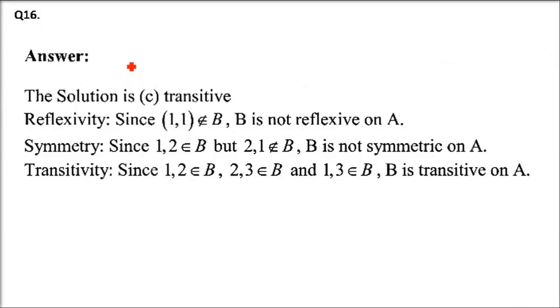Question number 16. A is given as {1, 2, 3}. R equals {(1,2), (2,3), (1,3)} is a relation on A. Then R is. Okay, let us see here.